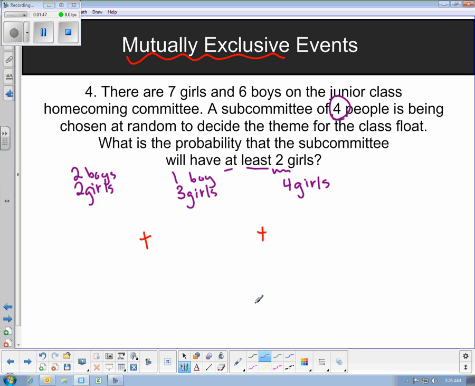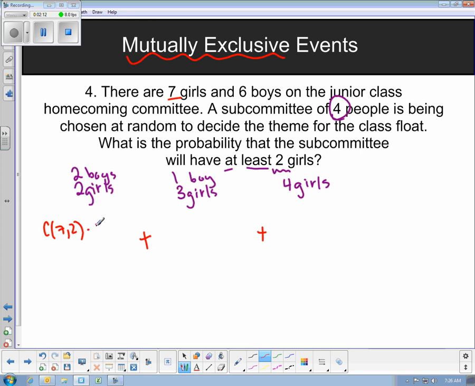Now, calculating these probabilities is where it gets a little interesting. We have to use combinations because we're picking more than one thing. So for 2 boys and 2 girls, the combinations of picking 2 girls would look like C of 7, choose 2, because there's 7 girls. But I also have to factor in the combinations of picking 2 boys.